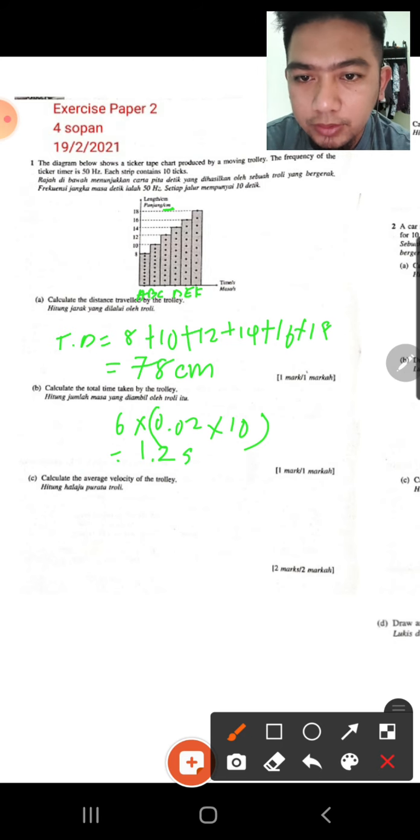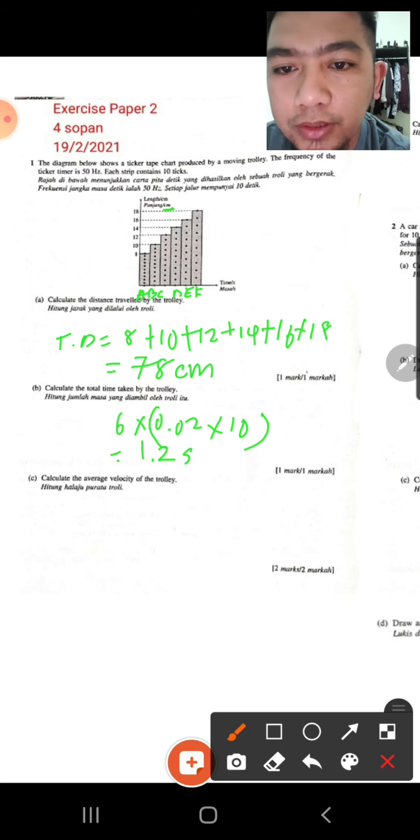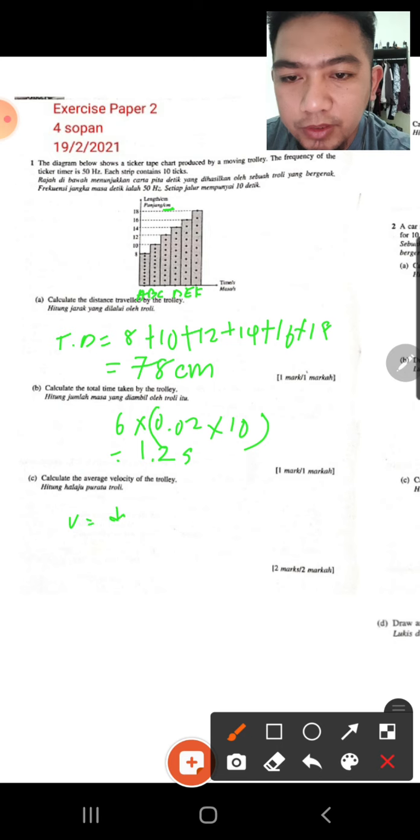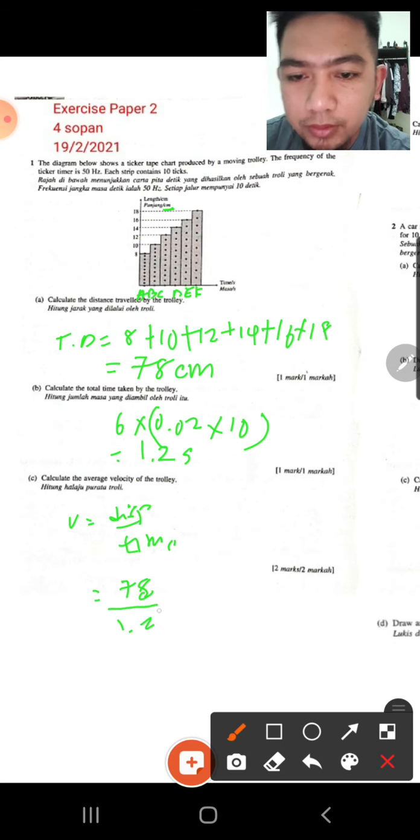Alright. Now calculate the average velocity of the trolley. So this is easy, displacement over time. Velocity is displacement over time. So displacement is the distance, 78 over 1.2.